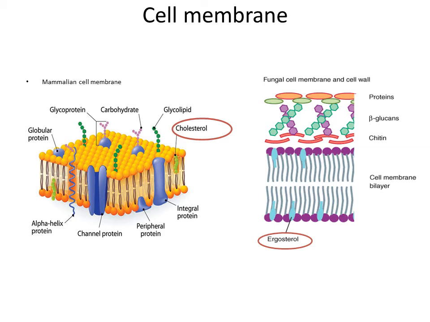So several antifungal agents interfere with ergosterol synthesis. Therefore, antibiotics that inhibit ergosterol synthesis, such as the azole drugs and amphotericin B, do not affect bacterial or mammalian cells.